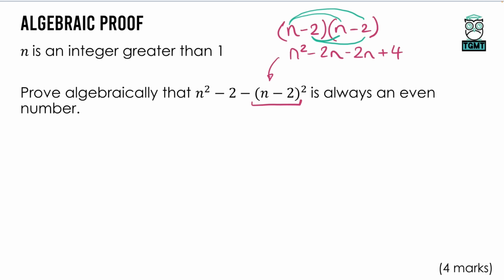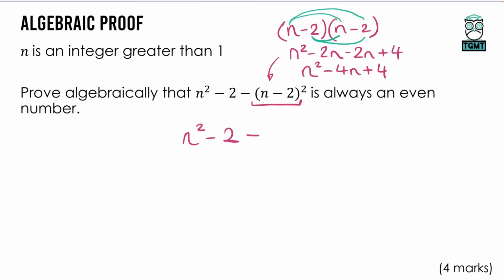We do want to simplify this before we put it back into that original expression. So we have n squared minus 4n in total and plus 4. Now all I'm going to do is rewrite what we had, except I'm going to replace that squared bracket with this new expression n squared minus 4n plus 4. So when we write this, we have n squared, take away 2, and then here's where we need to be careful, because it's now asking us to subtract everything that we had there.